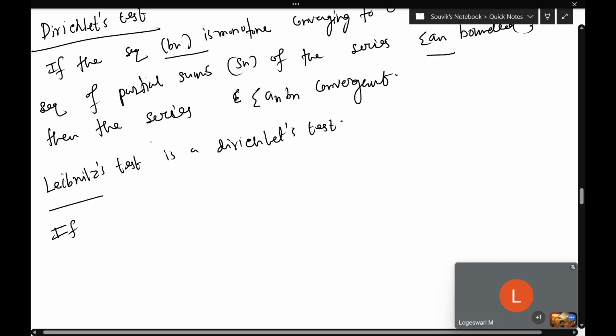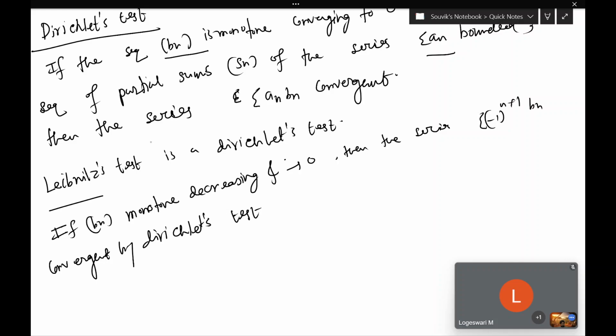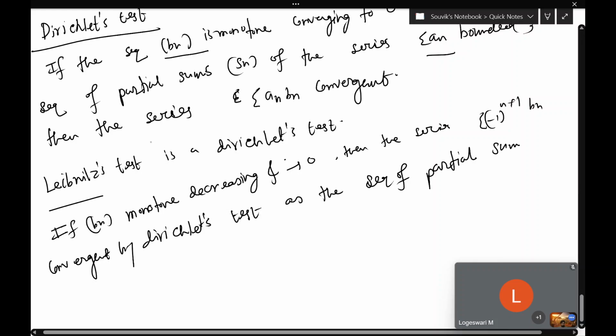Because if Bn is monotone decreasing and converging to 0, then the series summation of (-1)^(n+1) Bn is convergent by Dirichlet's test, as the sequence of partial sums Sn of the series summation of (-1)^(n+1) is bounded. So this Leibniz test is a particular case of Dirichlet's test.